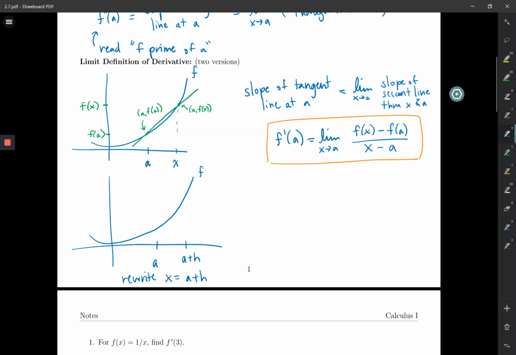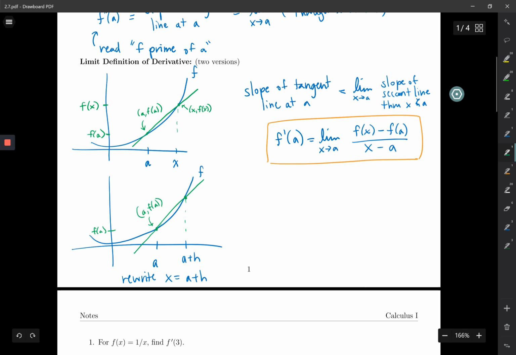Okay, so then if we just draw the same picture, we'll have the secant line going through these 2 points like that, and then this will still be f of a, and this point will still be a, f of a, right?